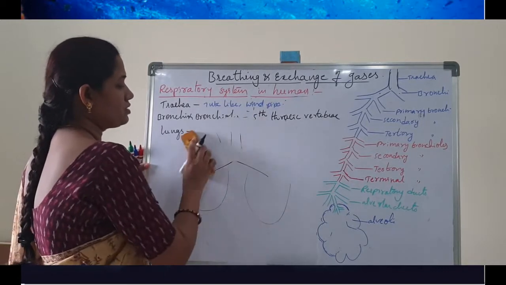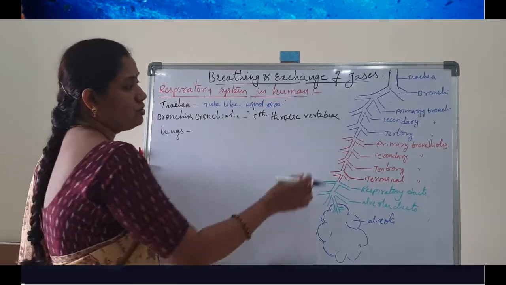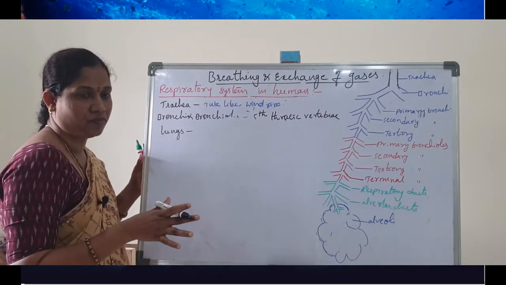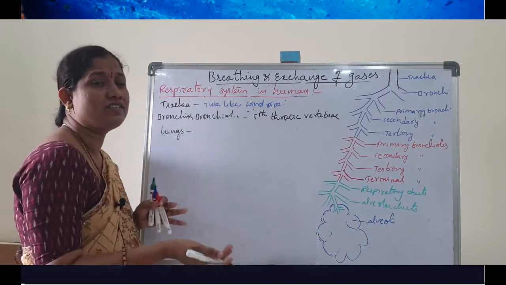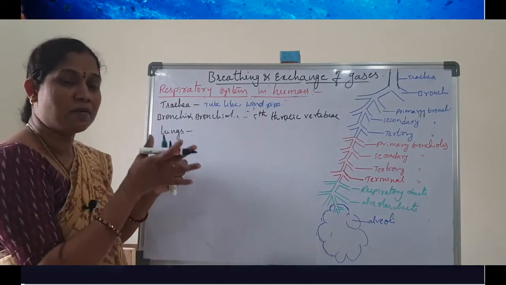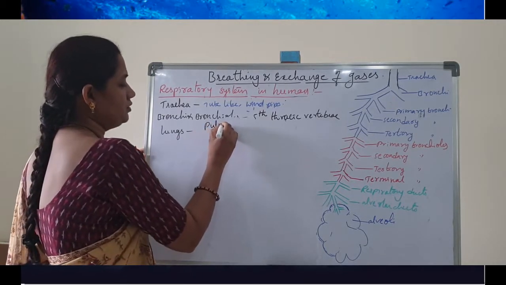Now we will discuss the branches of the bronchi and bronchioles. Each branch is called a bronchus. These bronchi enter into the lungs and further divide into many branches to form a complete tree-like structure, called the pulmonary tree.